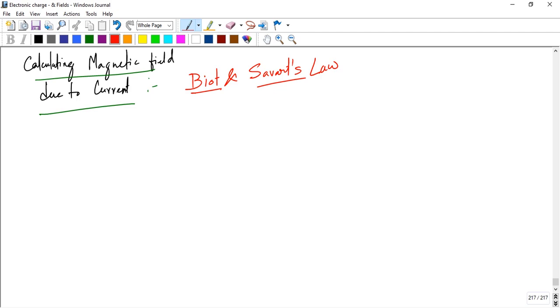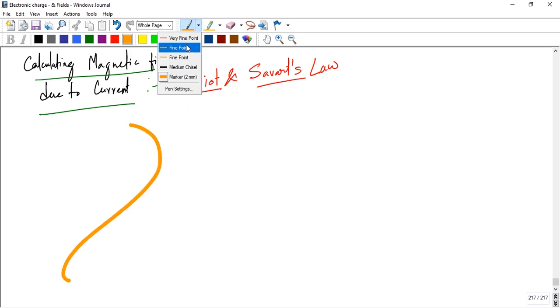The Biot-Savart's law states that there is a conductor. This is the conductor, and this conductor is carrying current I in that direction.